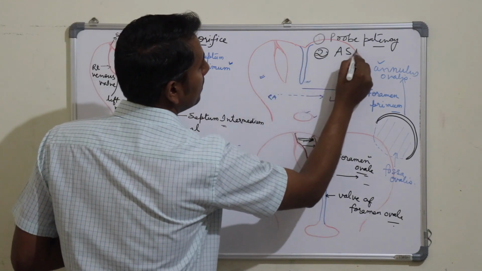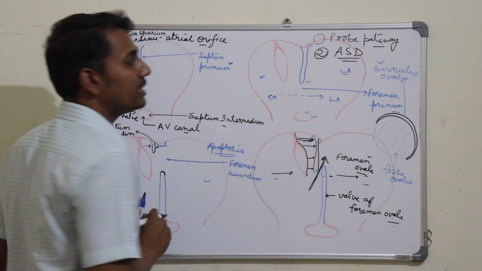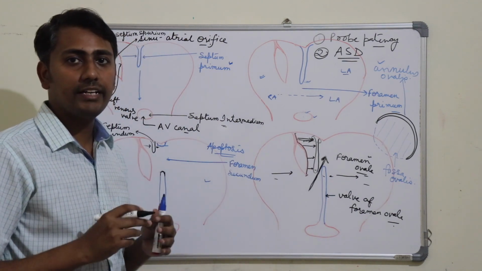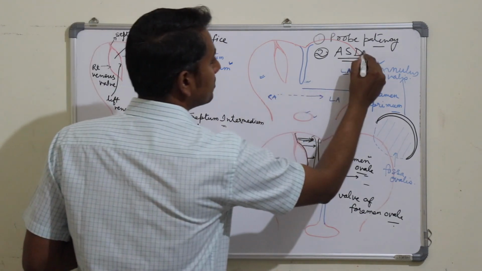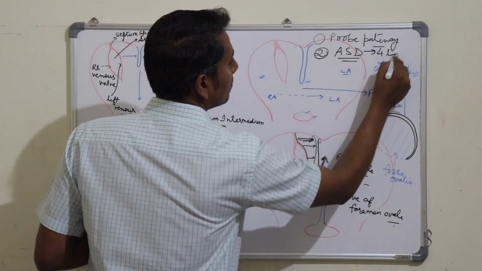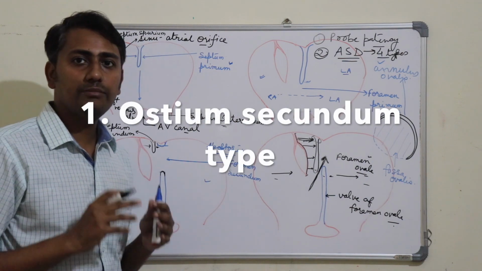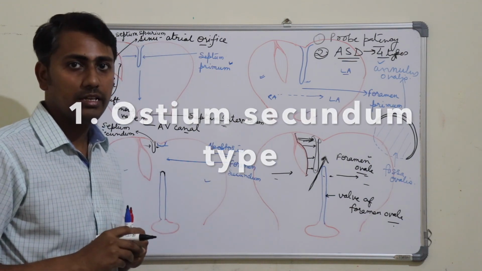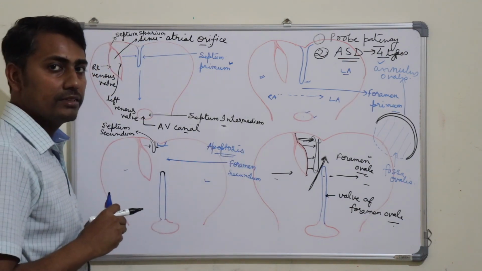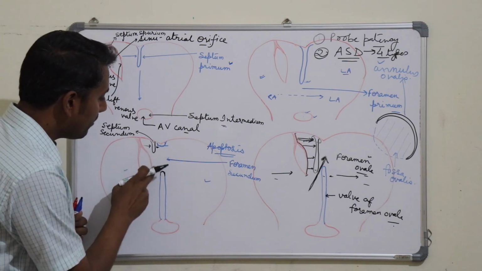Atrial septal defect. The atrial septal defect can be clinically divided into 4 types. First is the ostium secundum type. In ostium secundum type, there is a large foramen ovale.